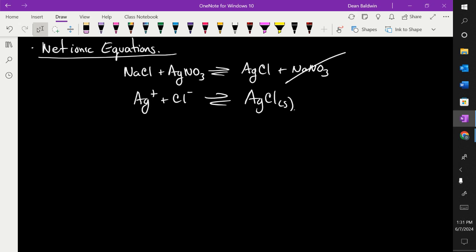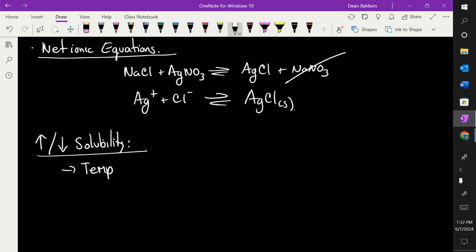All right, are we okay? How can you increase or decrease solubility? Most things it's temperature, not everything though.